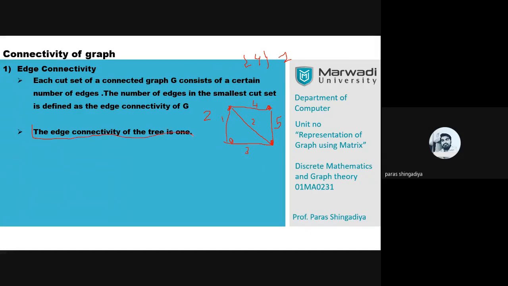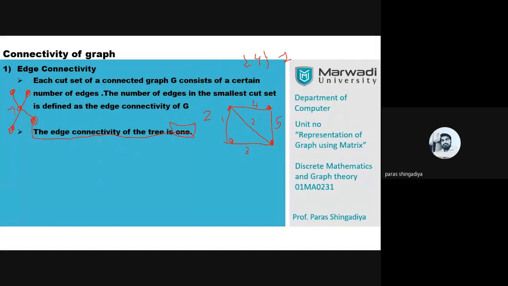That is one topic for the tree portion. Edge connectivity of any tree is 1, and you can easily check that. Consider any graph of a tree. A tree means a connected graph without any circuit. Here is a tree, and if I delete a single edge, only one edge, it makes the graph disconnected.